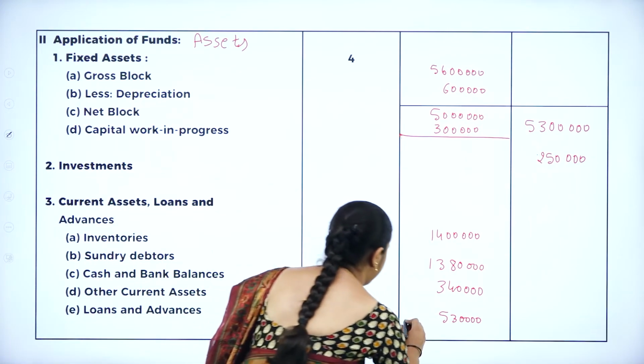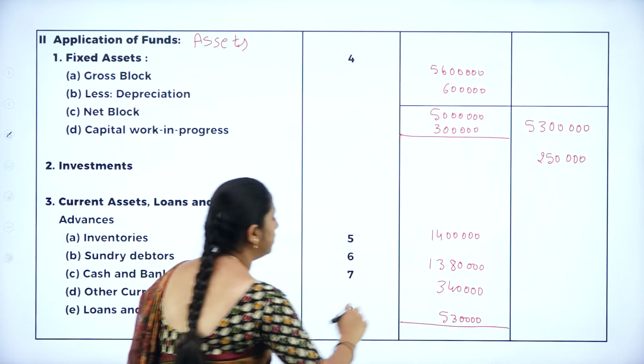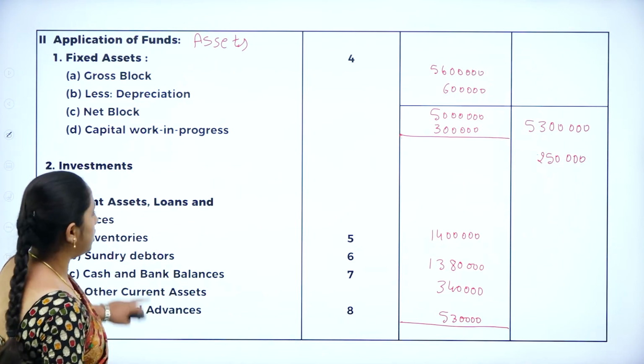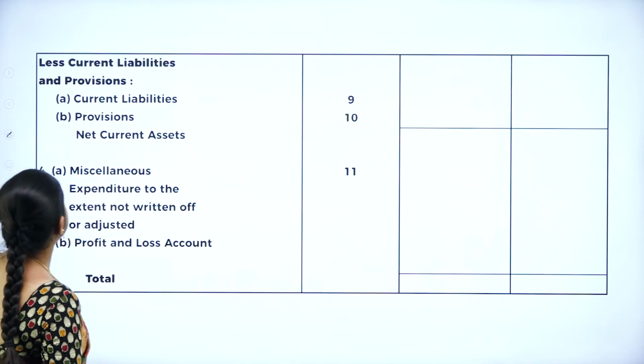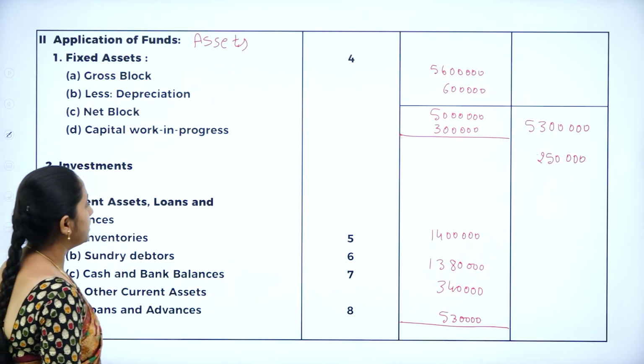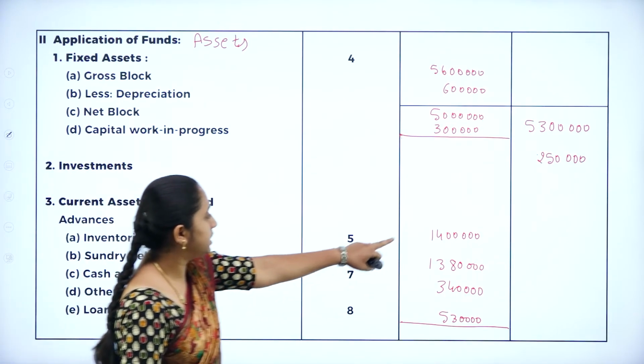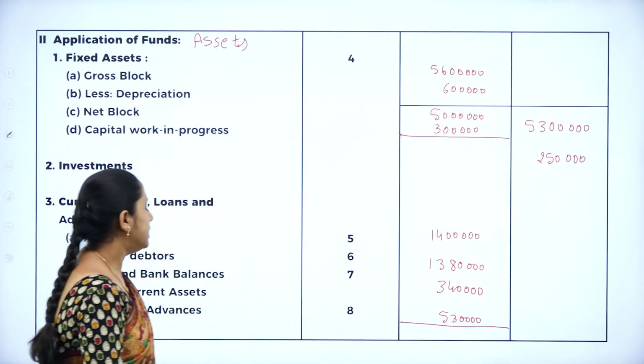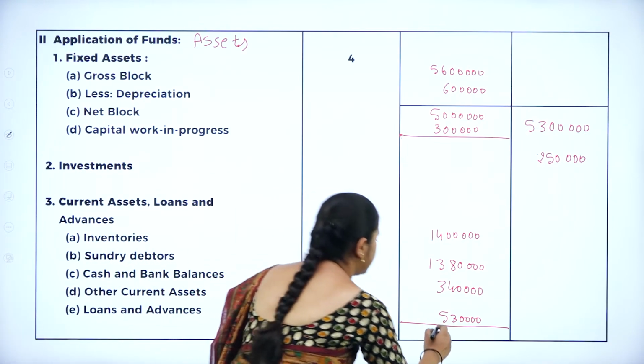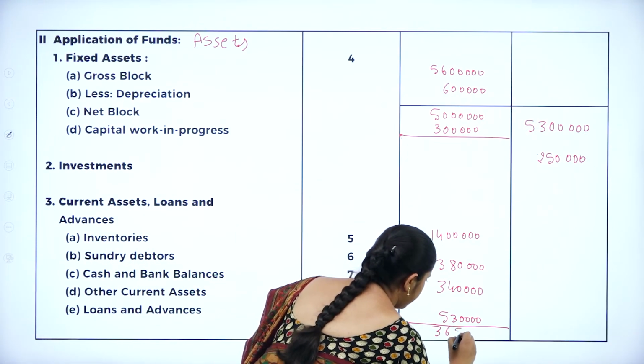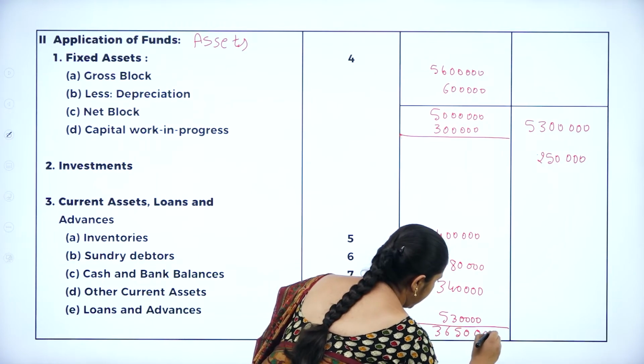So, now make a total of current assets. Next is current liability. So, before writing current liability, first we need to make a total of current assets. Total current assets is 36 lakh 50,000.